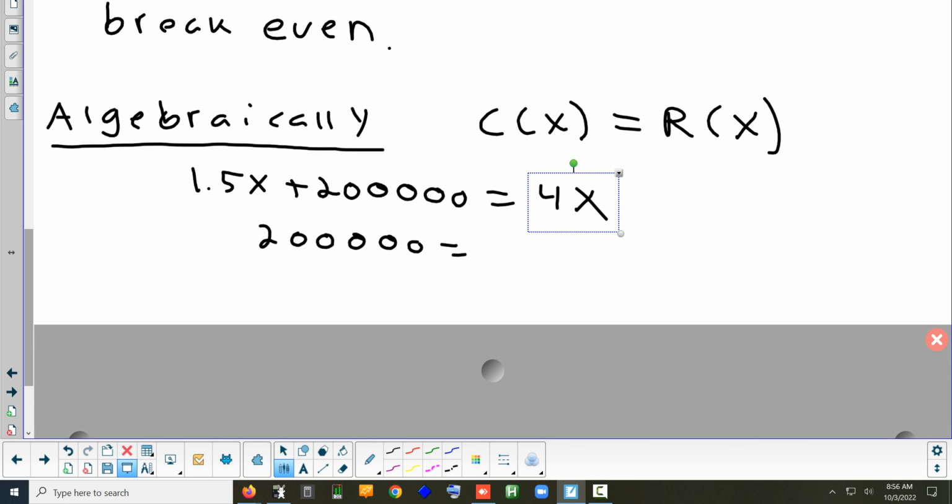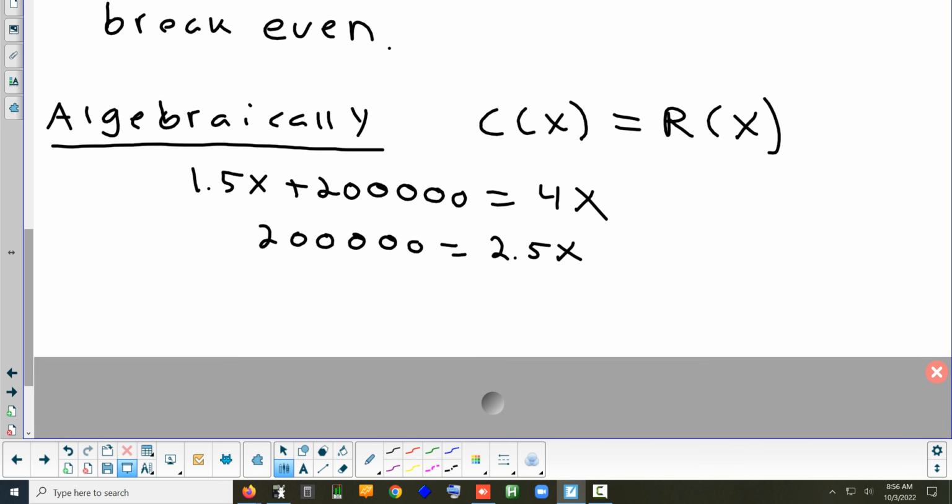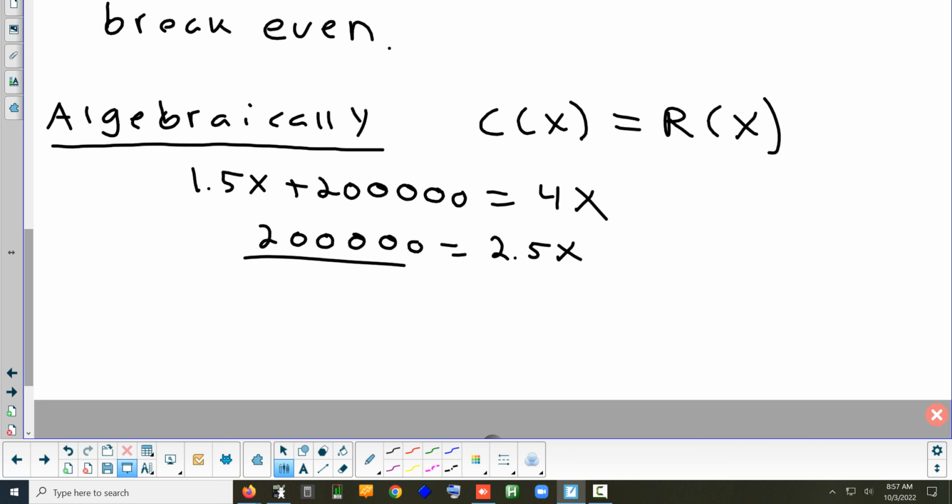If you minus 0.5 from 4, you get 3.5. Oh, sorry. 2.5. All right, so 2.5x. And Lucas, how would I get x by itself there? Divide. Yep, divide by 2.5.